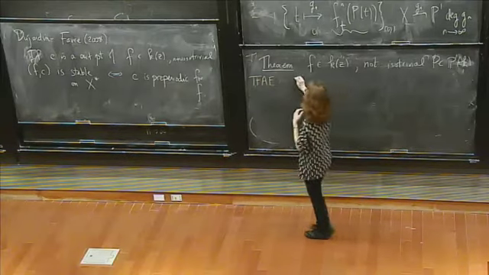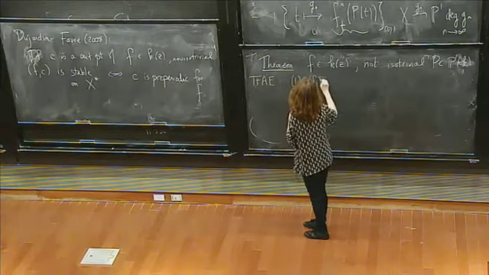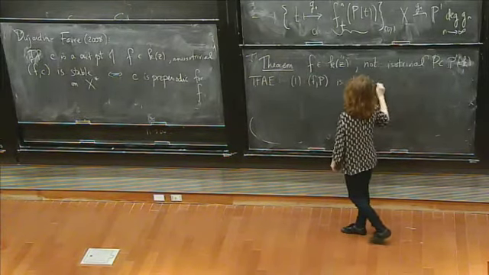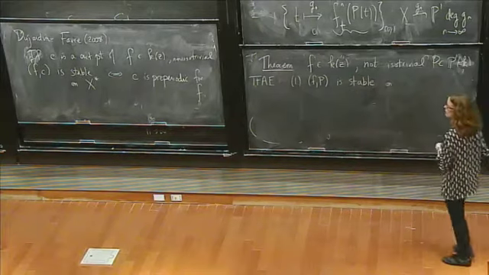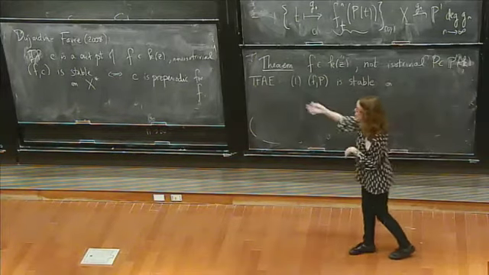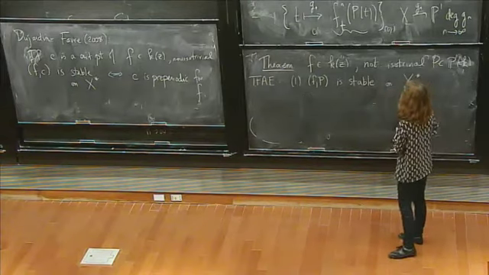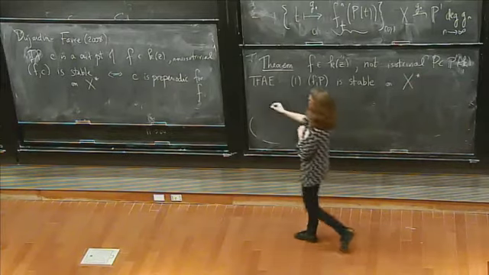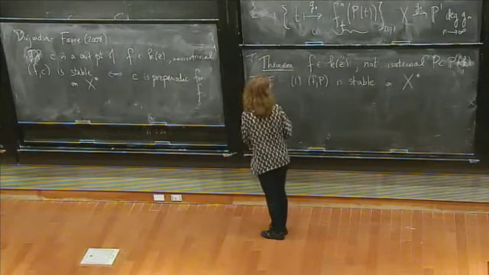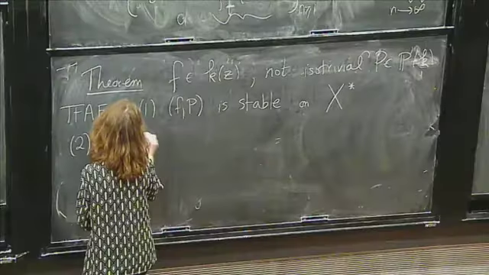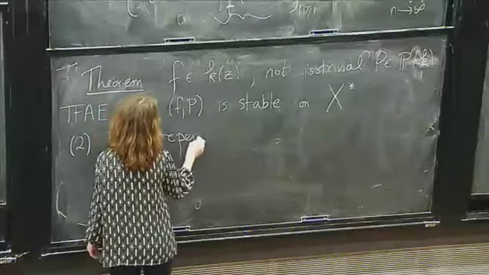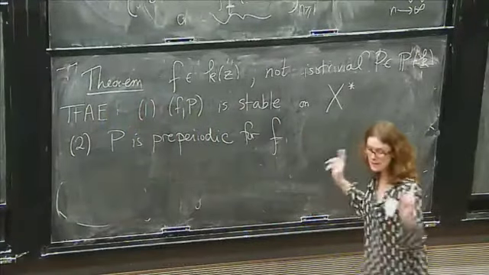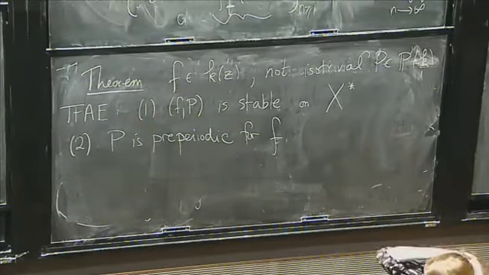The first is that this point is stable on the largest parameter space that makes sense, where the family has degree d, so on X star, this punctured Riemann surface. And exactly as in this theorem here, this is equivalent to saying that P is pre-periodic for f.